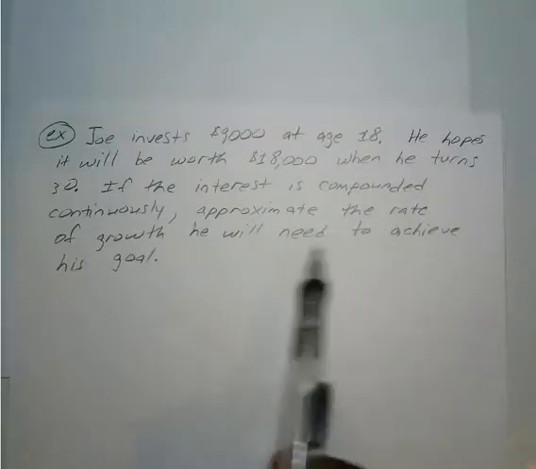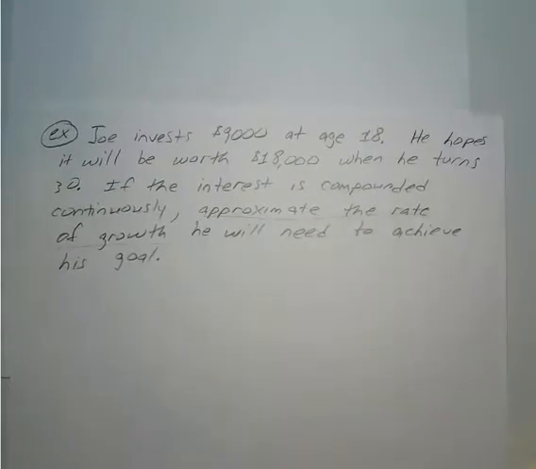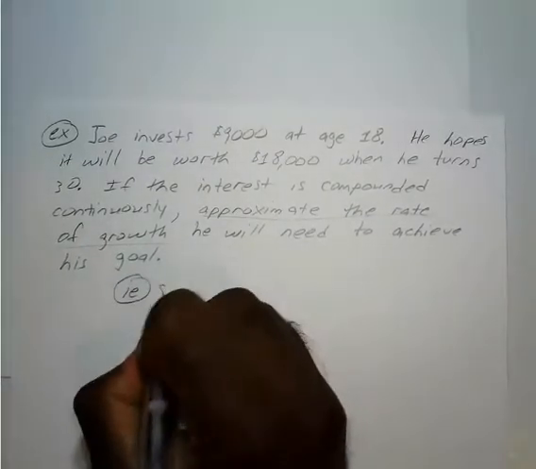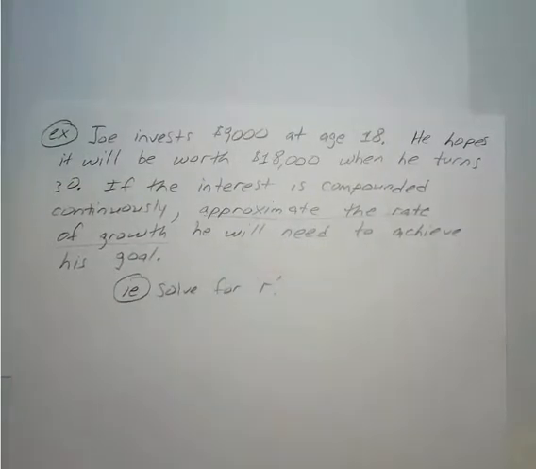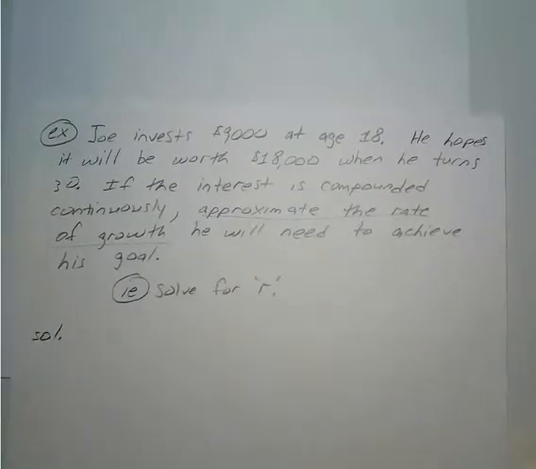Now you can look at when they say approximate the rate of growth. That just means, in other words, solve for R. So you could say approximate the rate of growth, find the rate, the interest rate. They could tell you anything at all, but the rate of growth is the same as saying your rate. The first thing we're going to do is find everything that we need in this problem.